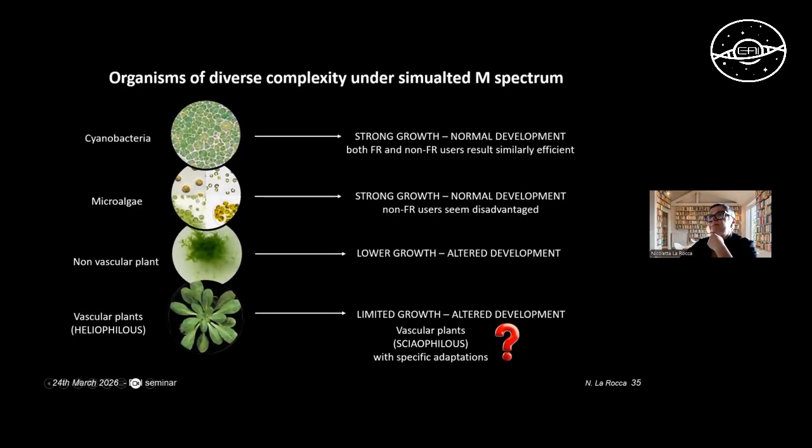So to summarize this part, we can say that cyanobacteria have strong growth and normal development under the M-dwarf spectrum, and they can work very well, both in case they are able or not able to utilize infrared light, and they resulted similarly efficient in using infrared M-dwarf light.